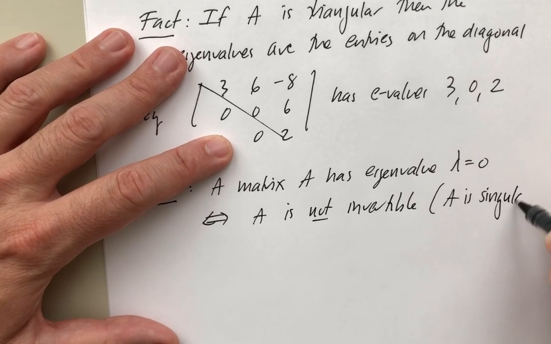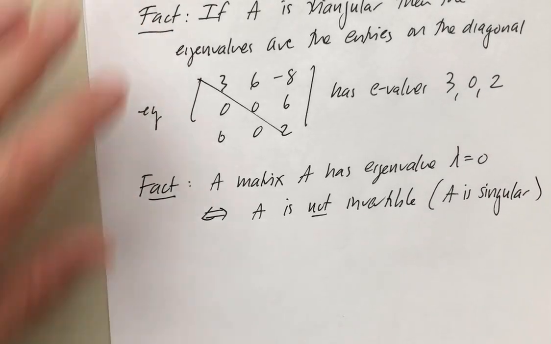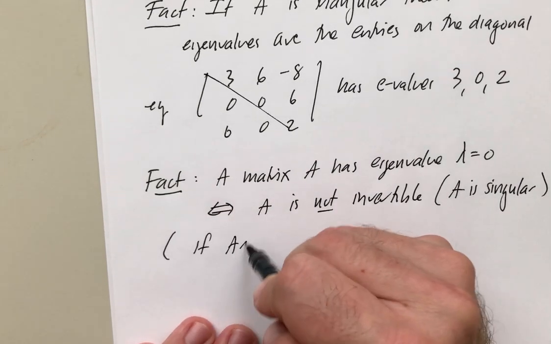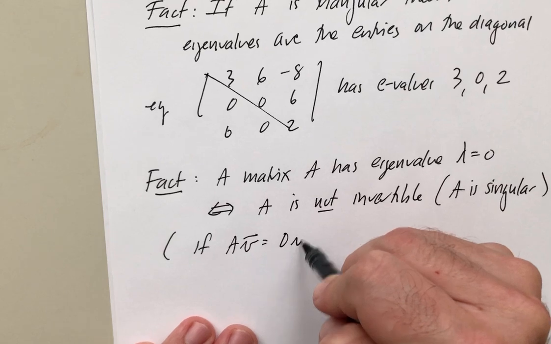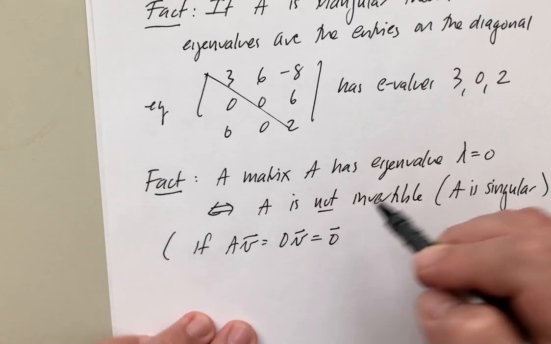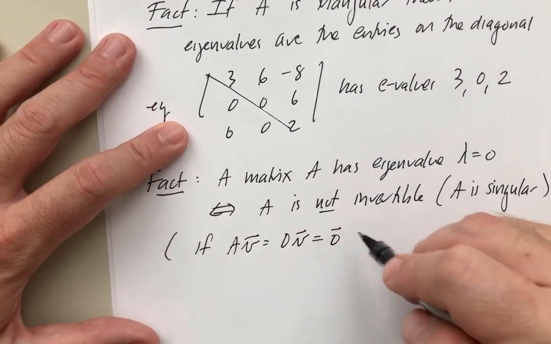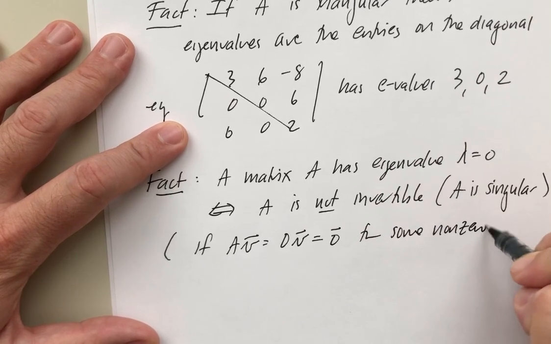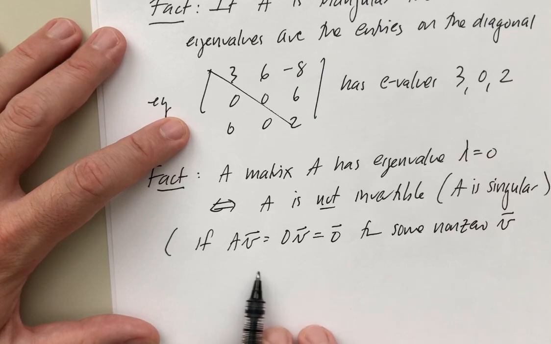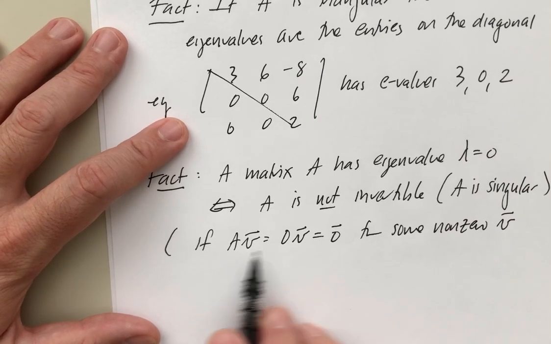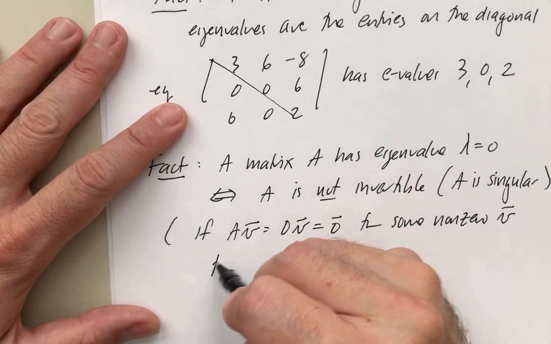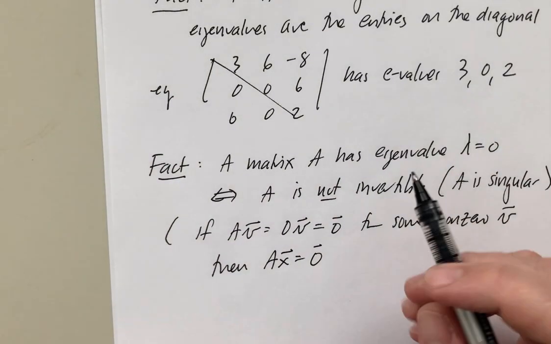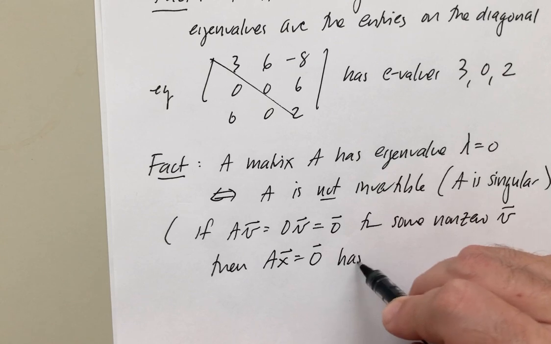Now, why is that? That is something we've already discussed in the background. Note that if AV equals 0 times V, well, that equals the 0 vector. If that's true for some non-zero vector V, then A times this non-zero vector is the 0 vector. In other words, AX equals 0, the homogeneous system, has a non-trivial solution.